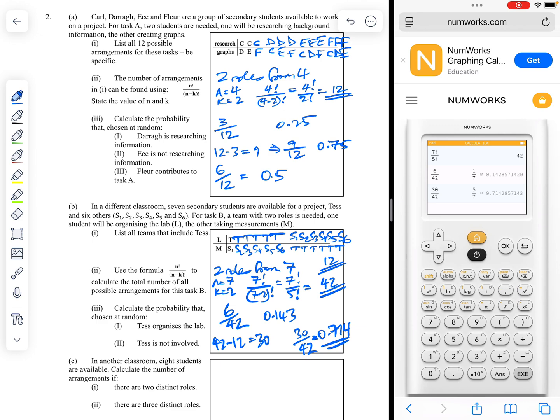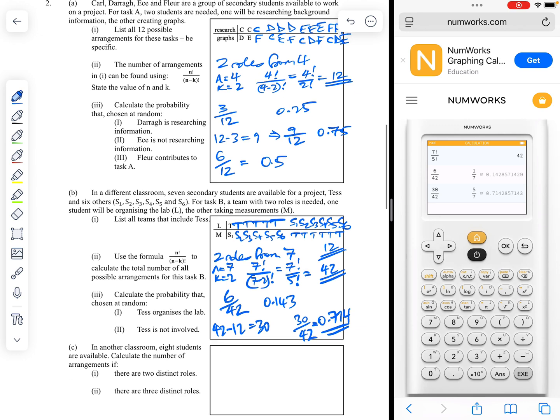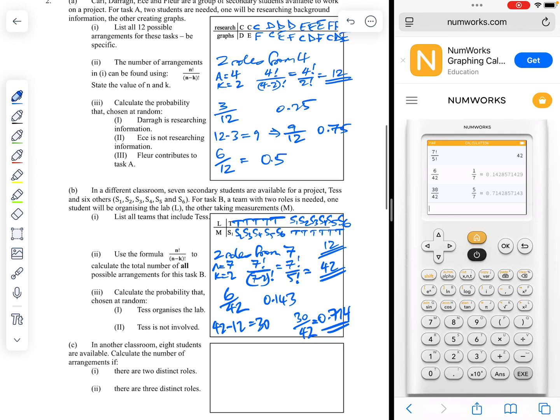as a decimal. All right, in another classroom, 8 students are available. Calculate the number of arrangements if there are 2 distinct roles. So this is 2 roles from 8.